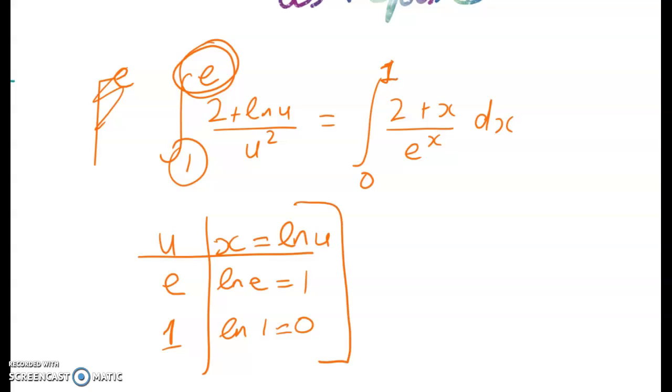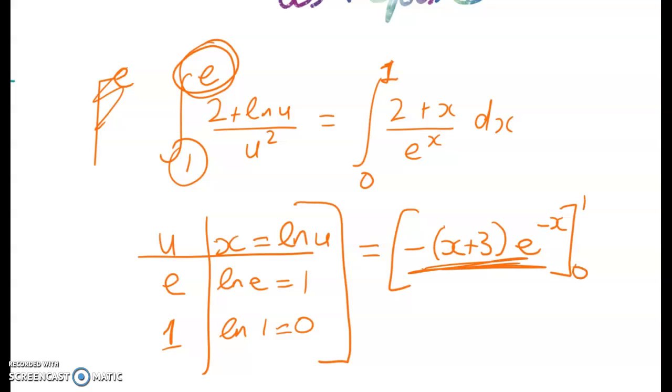But going all the way back to the start of the question, we know that this is equal to the integral of this function in here. Substituting into here, what do I get?